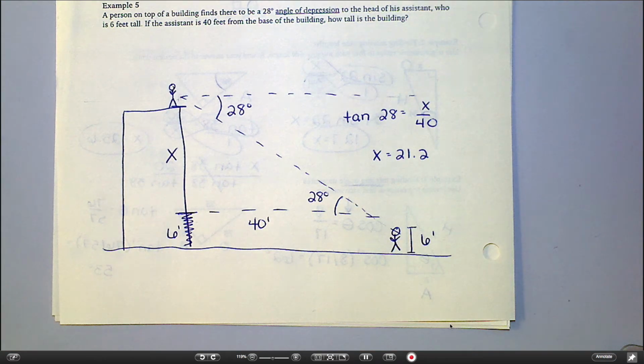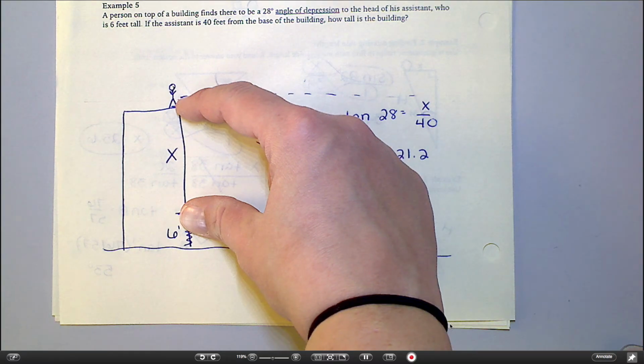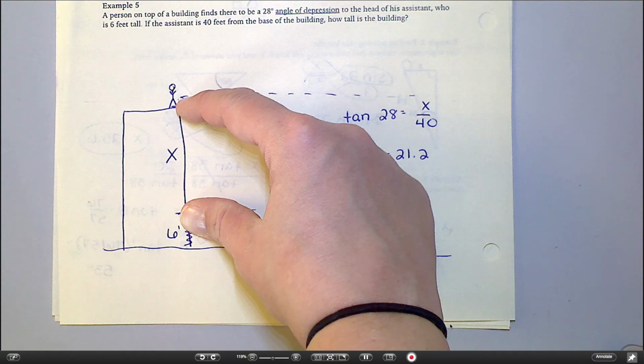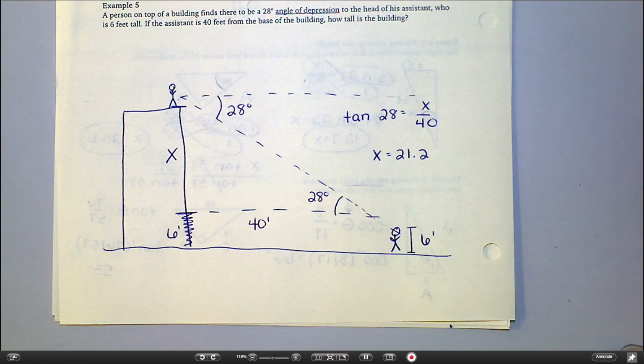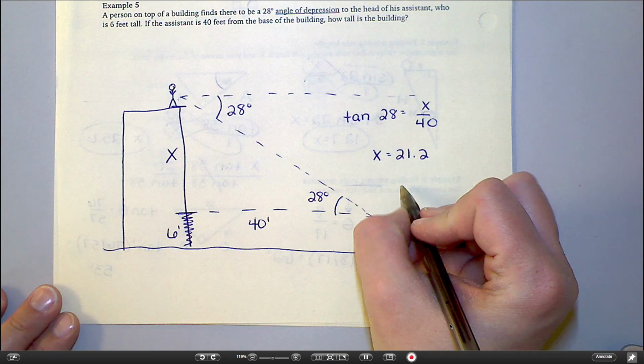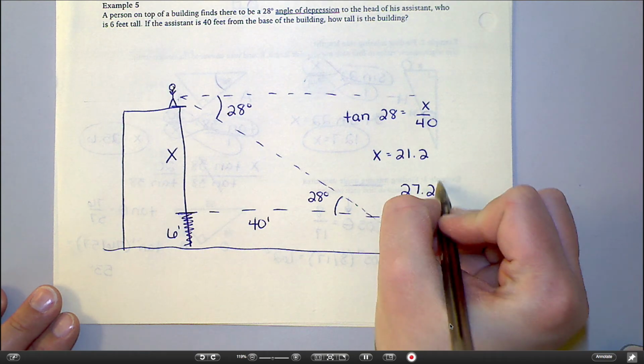So again, making some assumptions here, this distance would be 21.2. I'm going to add on the 6 feet of this guy's height, and so the building would actually be 27.2. You okay with that? Okay. So 27.2 feet would be your height of the building.